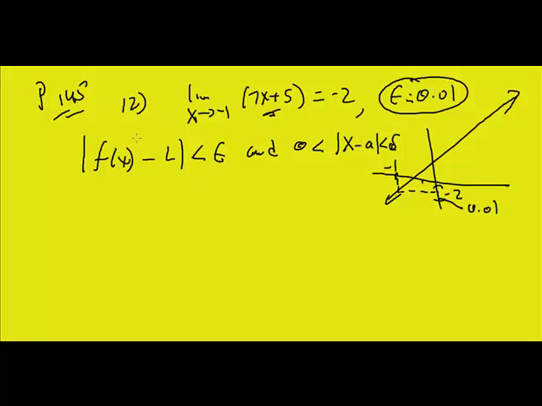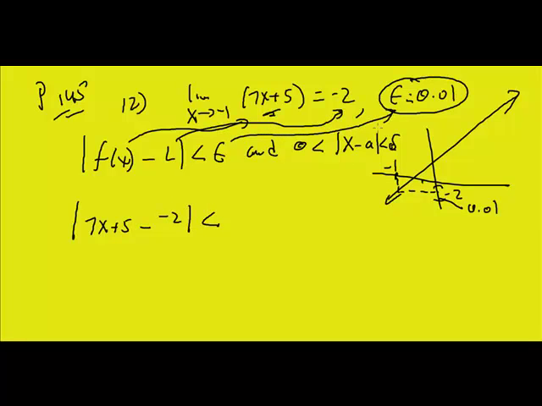That is my f of x, which is 7x plus 5, and my L is -2, so the absolute value of 7x plus 5 minus -2 is less than my epsilon, which is 0.01. And at the same time, I have to satisfy this condition. I'm going to eliminate the 0 because that's kind of redundant for right now. So x minus a, but a happens to be -1, so x minus -1 is less than delta.